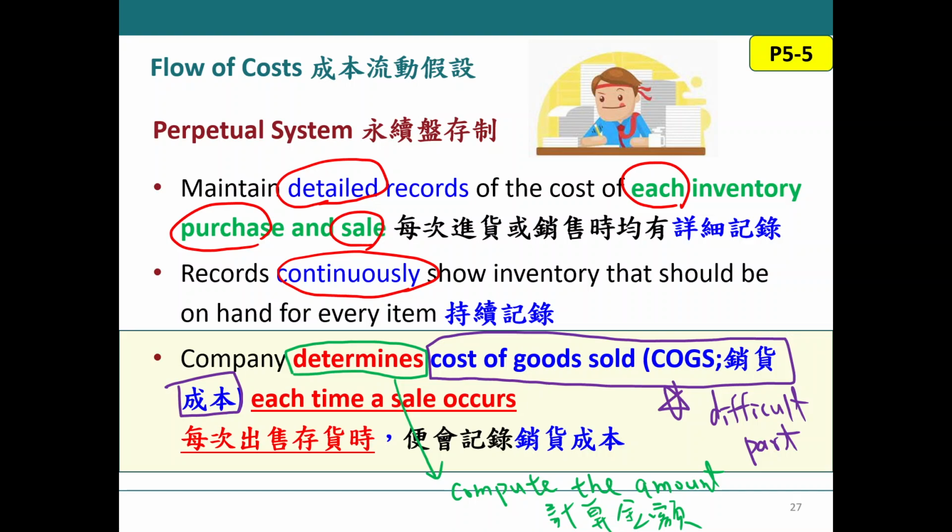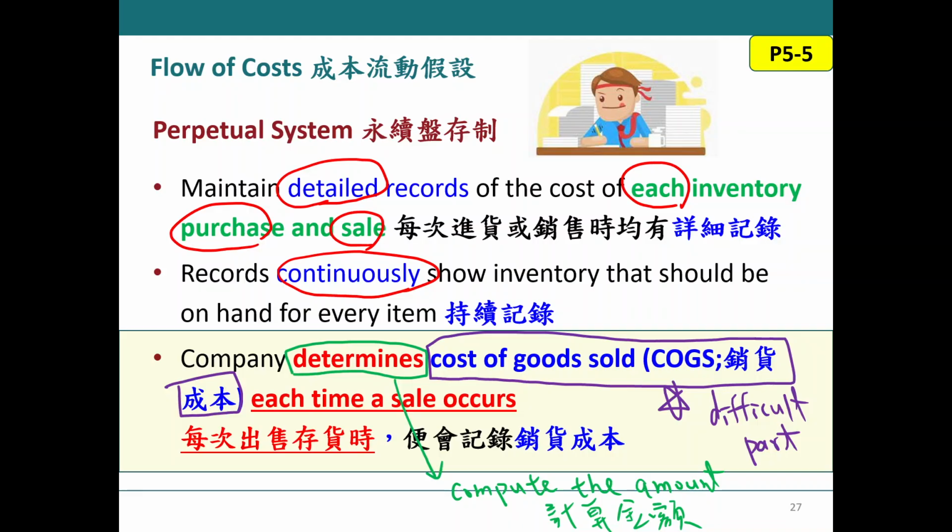Every time means when we sold the inventory. At that moment, perpetual hard worker will compute the amount every time when we sold the inventory, okay?